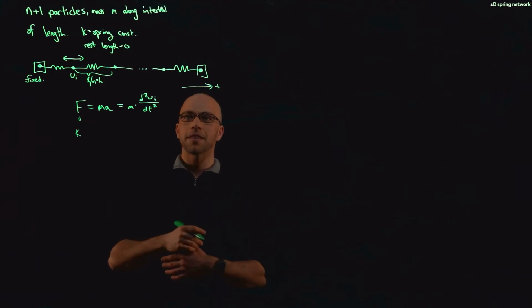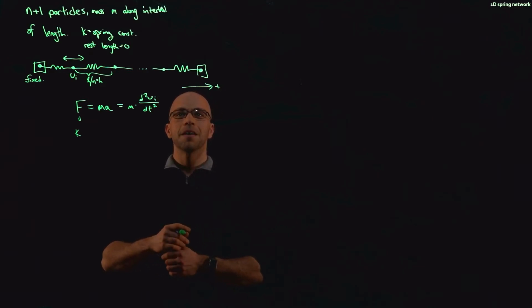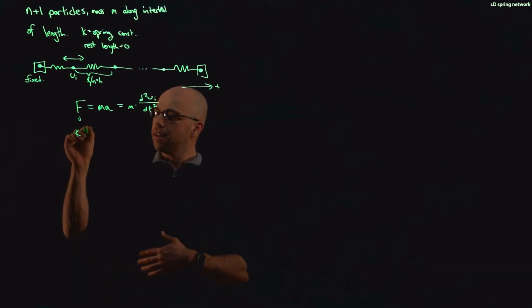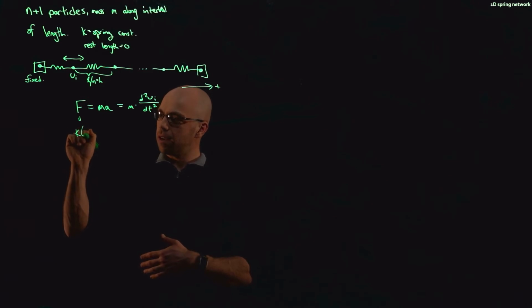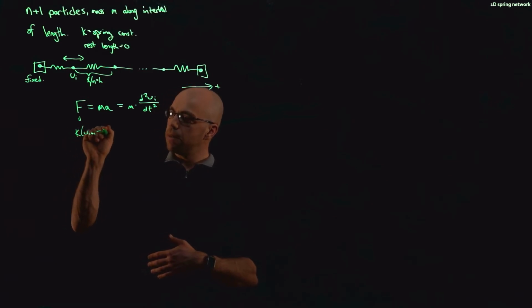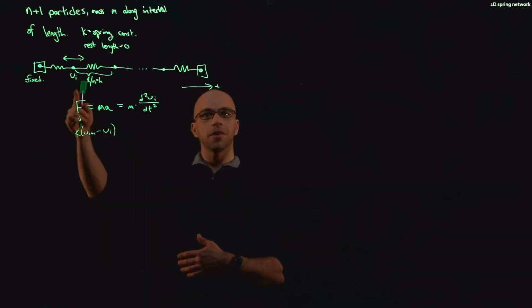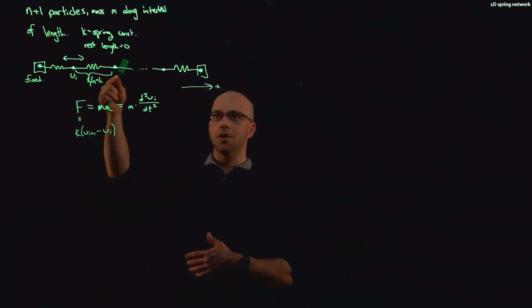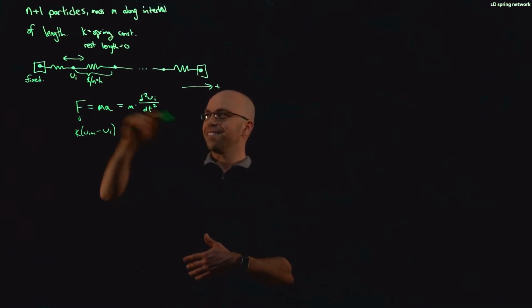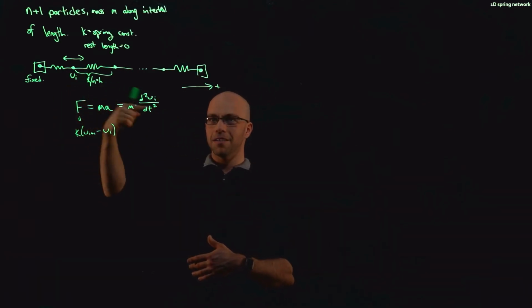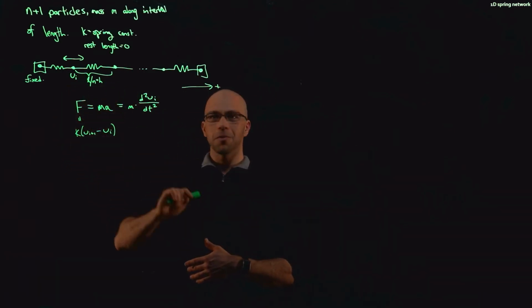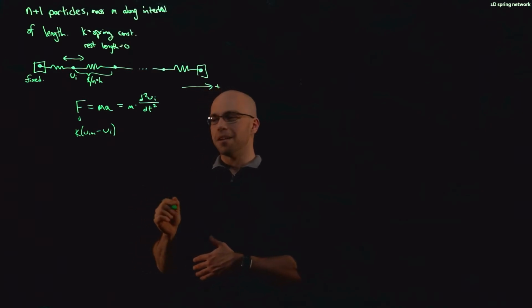And that's because the rest length is equal to 0. And I just have to be a bit careful about the sign. What we'll find is that it's equal to k(u_{i+1} minus u_i). And if you sanity check that really quick, that makes sense. Like if u_{i+1} goes really far to the right, then I would expect the force to be positive because this particle is going to want to move to the right. So that sanity check kind of makes sense.